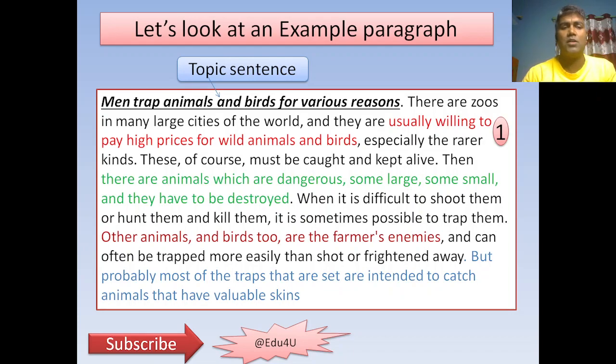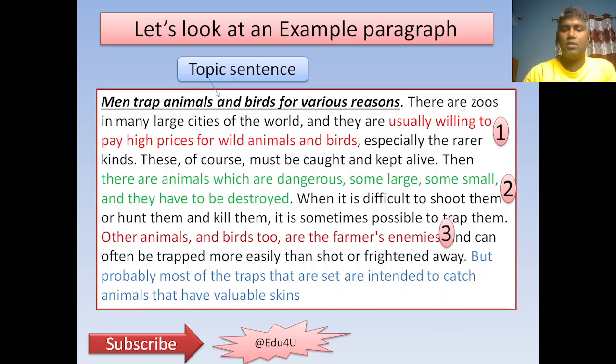Many of the large cities of the world are usually willing to pay high prices for wild animals and birds. The second reason is that some animals, large and small, are dangerous, and they have to be destroyed because they are dangerous for human beings. So that is the second reason why the birds and animals are trapped.